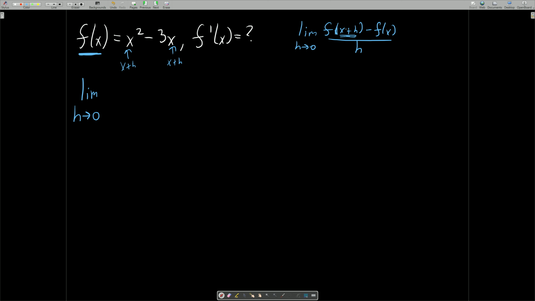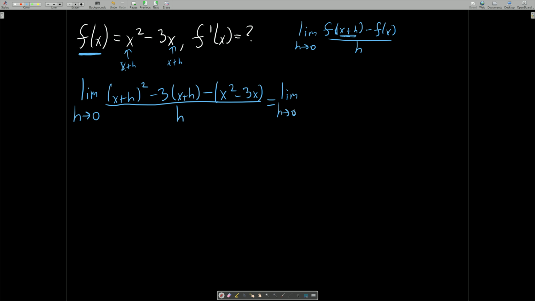So in other words, this f of x plus h would just be x plus h squared minus 3 times x plus h, because we're replacing our x with x plus h, minus your f of x. So you can just write that down here, all over h.